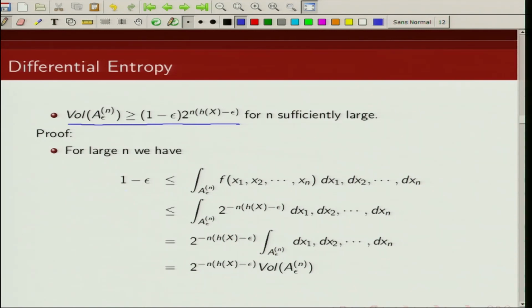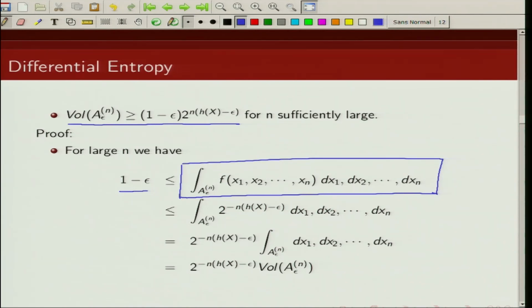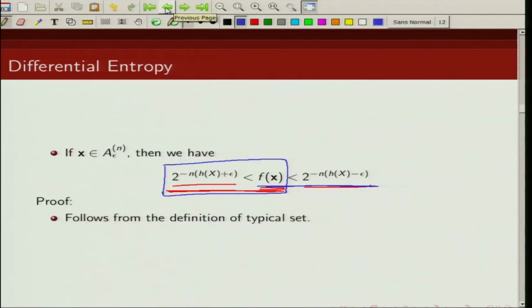Now this follows from the fact that we know the probability of the typical set is greater than or equal to 1 minus epsilon. So 1 minus epsilon is less than or equal to the probability of the typical set, which is given by this expression. Now we know the upper bound on f(x1, x2, x3, ..., xn). This follows from this property.